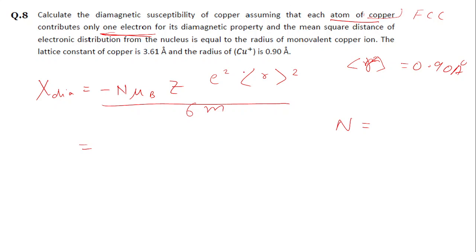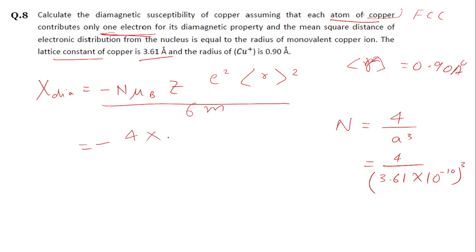So for FCC we have total 4 atoms, and the volume will be a cube, where a is the lattice constant of copper. So this will be 4 divided by 3.61 times 10 to the power minus 10 meter, cubed.